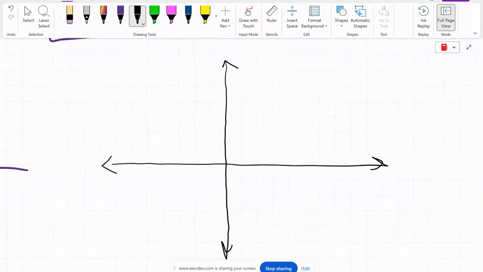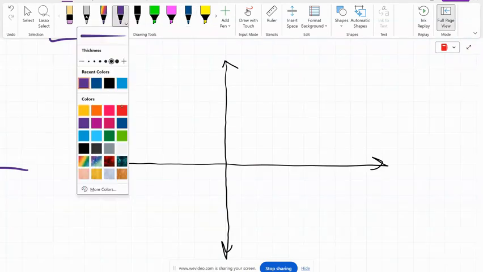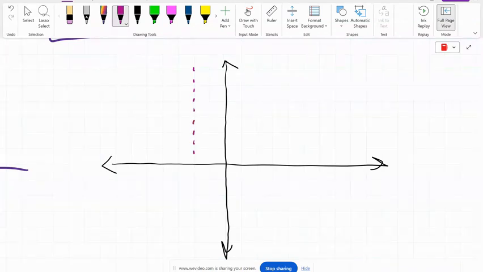Okay, so what's going on here? Let's go through. We had a vertical asymptote at x equals -2. We have a horizontal asymptote at y equals, what was it? 1.